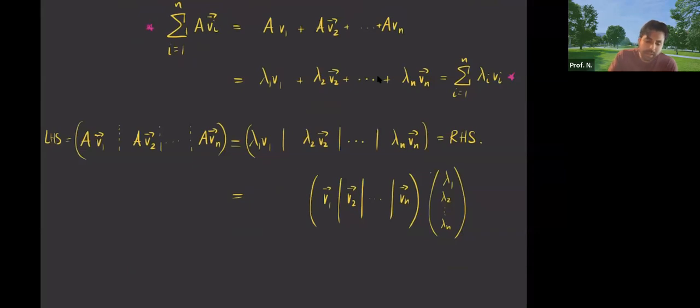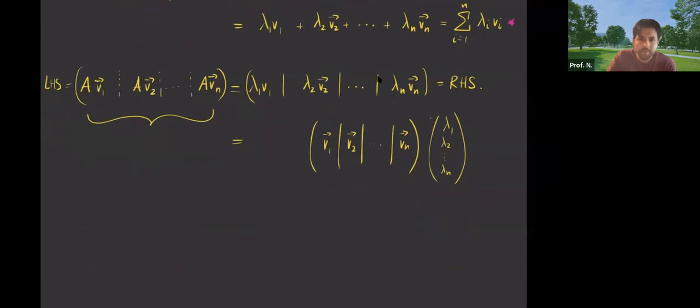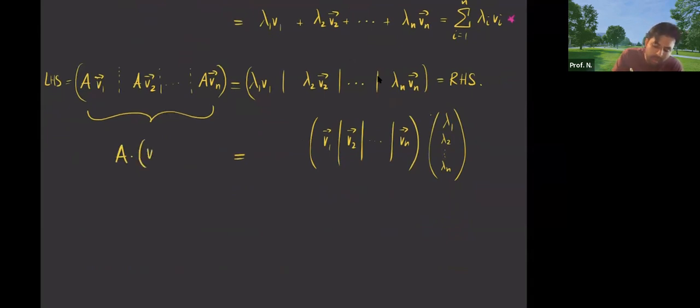If you understand matrix multiplication, back in the day we talked about this. This is another way to describe matrix multiplication. This is really like saying A multiplied by the matrix where the columns are V1, V2, all the way to Vn. This is the same thing. And then there's no summation here.